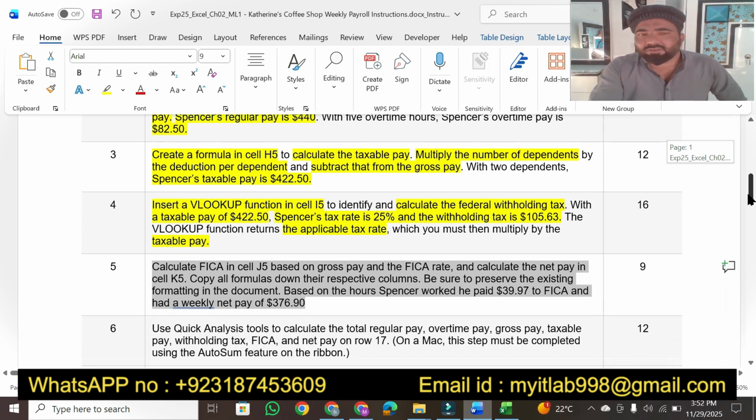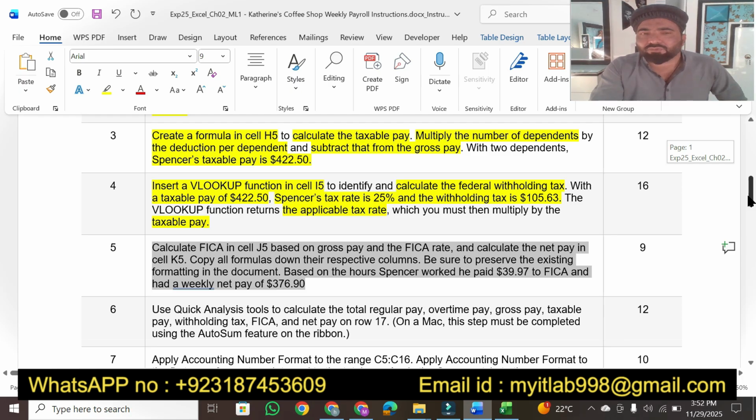Then we move toward question number 3 where we have to create a formula in cell H5 to calculate taxable pay. Multiply the number of dependents by deduction per dependent and then subtract from the gross pay. With 2 dependents, sponsor taxable pay is this one. We just match this value with our sheet.